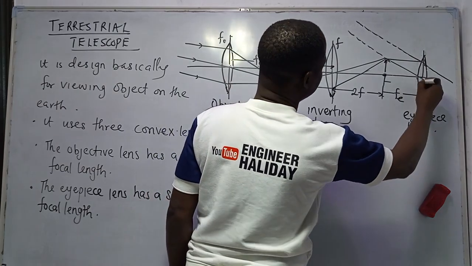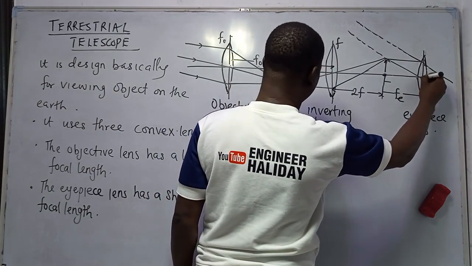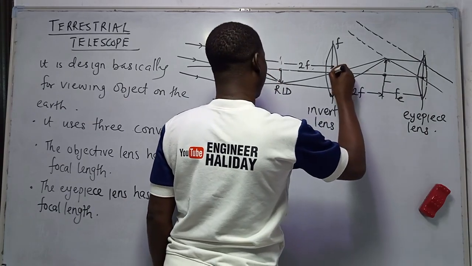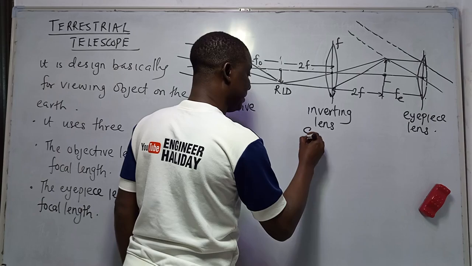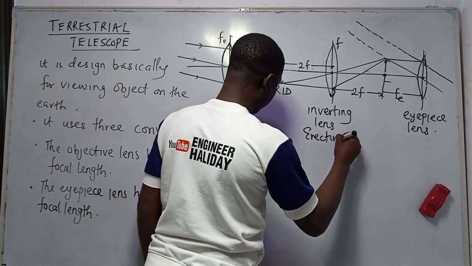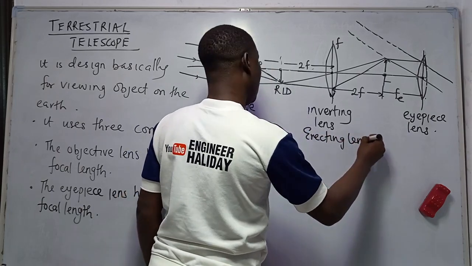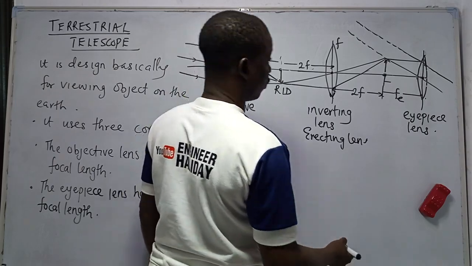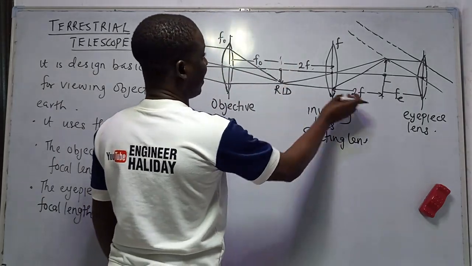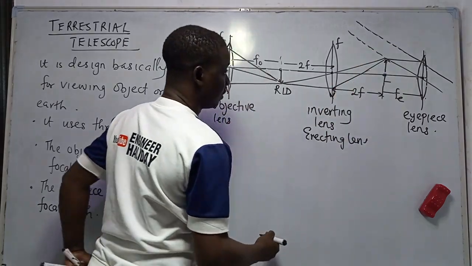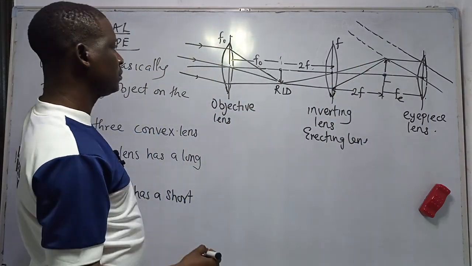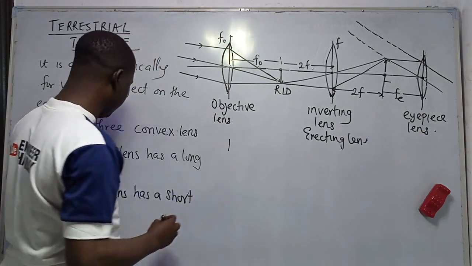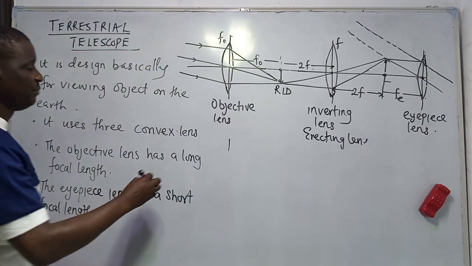So in this case, this point is the optical center of the erecting lens. We can call it erecting lenses, erecting lens or inverting lens, anyone they call it. What it does is to erect the image for us. So what is the final image?